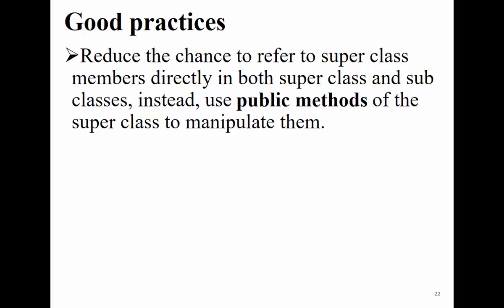Now, a good practice, whenever you are using inheritance, you have the superclass and you have the subclass. Try to reduce accessing the fields directly. You try to create get methods, set methods, public methods to access the fields, okay?